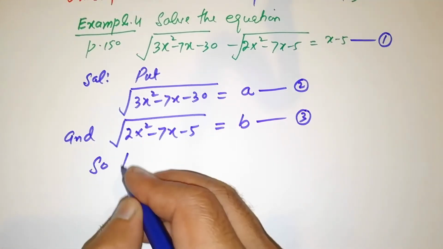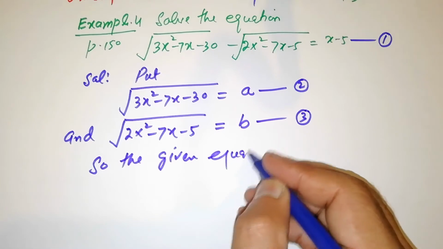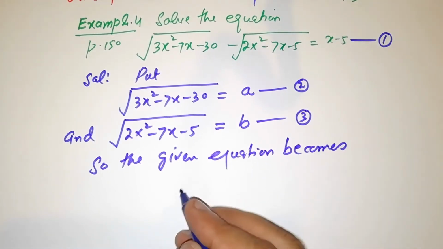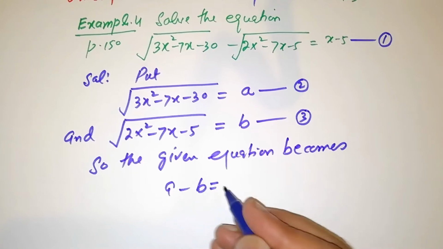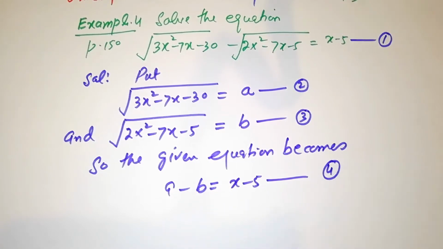So the given equation becomes A minus B equal to x minus 5. This is equation number 4.